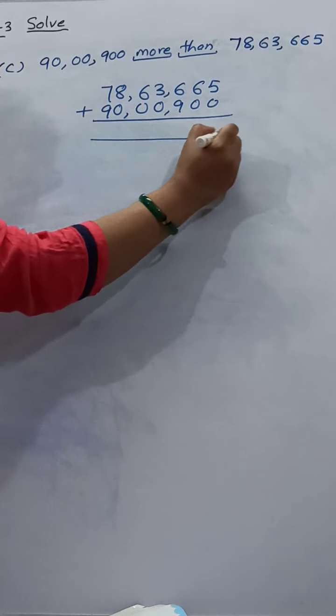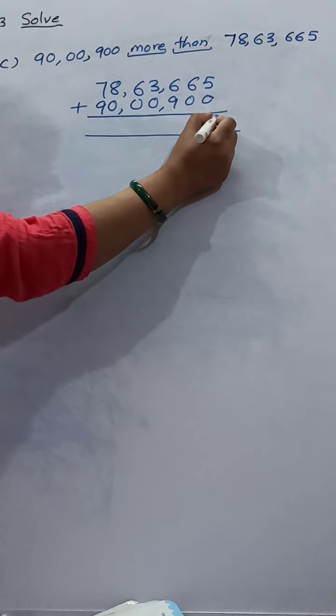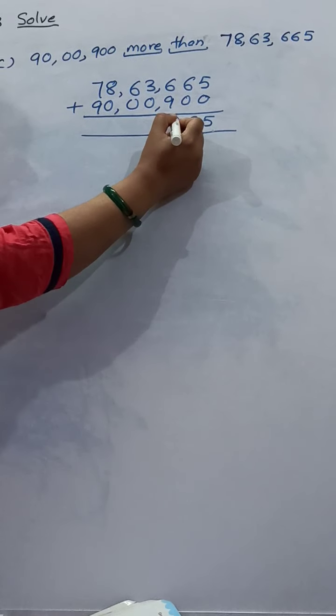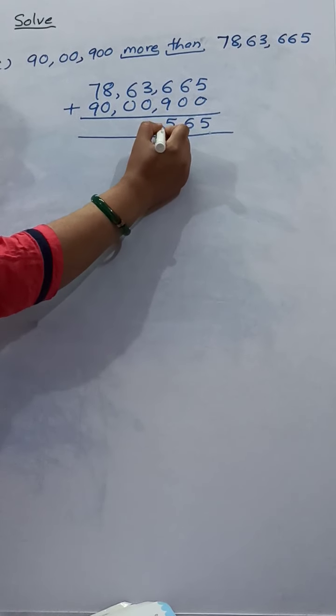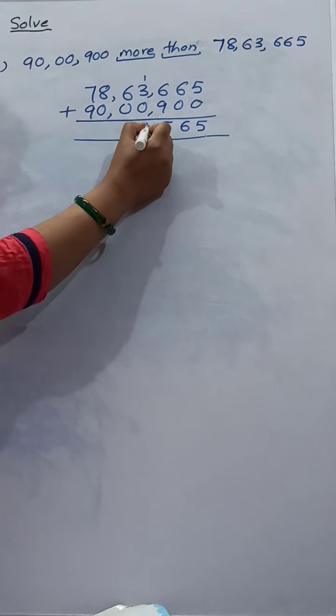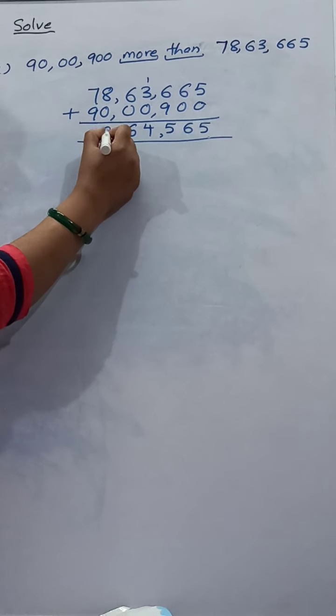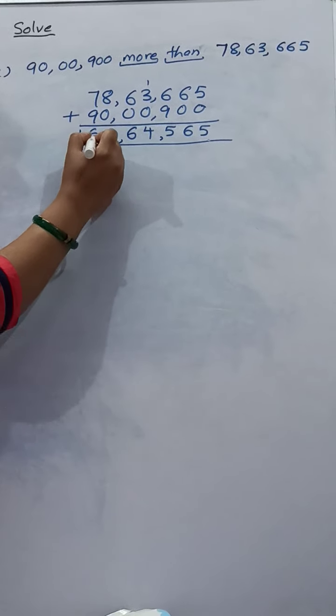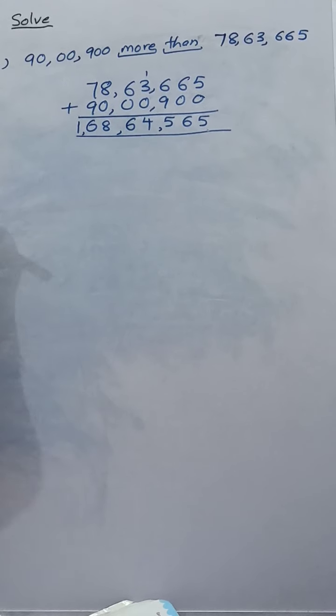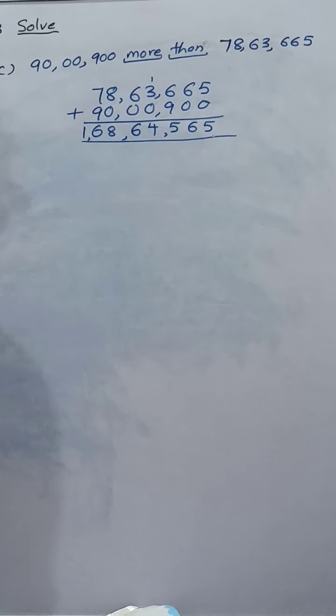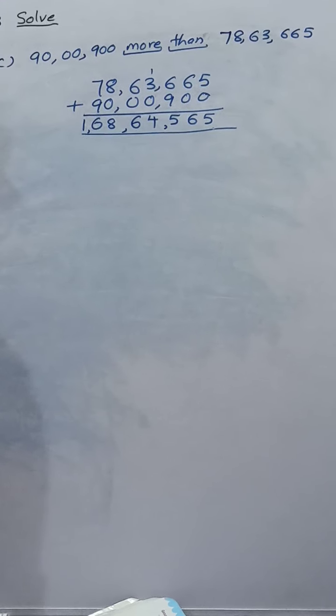So we will be adding. 5 and 0 is 5, 6 and 0 is 6, 9 and 6 is 15, 3 and 1 is 4, again 6, this is 8, and 9 and 7 is 16. So this gives 1 crore 68 lakh 64,565.